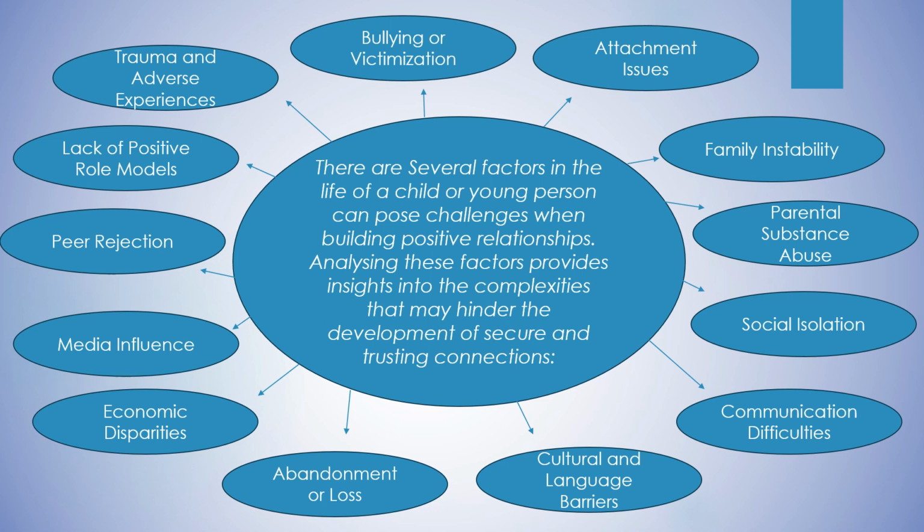Economic disparities as well, again, coming from backgrounds of poverty, things like that. Media influence, massive. It's a massive factor at the moment. At this moment in time, these children are subjected to an array of fake and incorrect information throughout social media, YouTube videos, things like that, which will give them the wrong idea of how to build a relationship up.